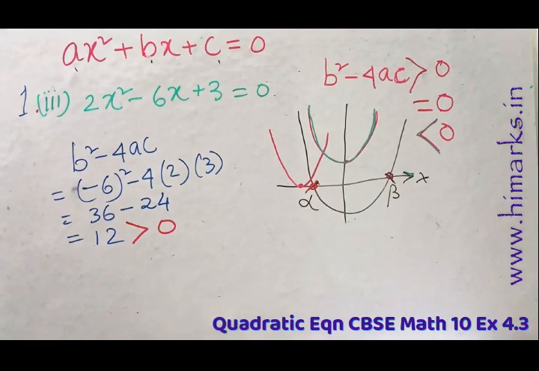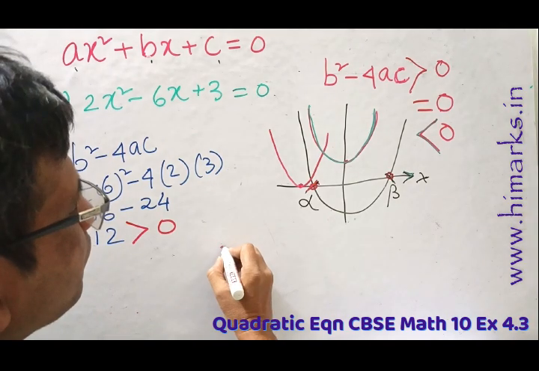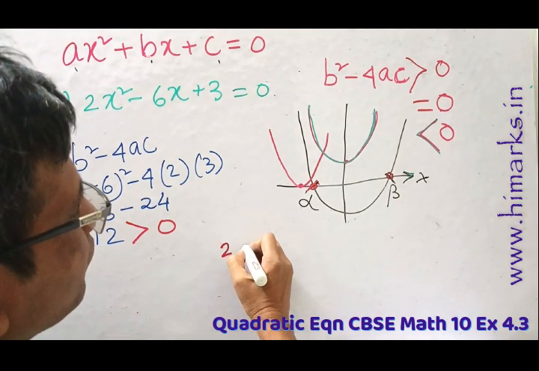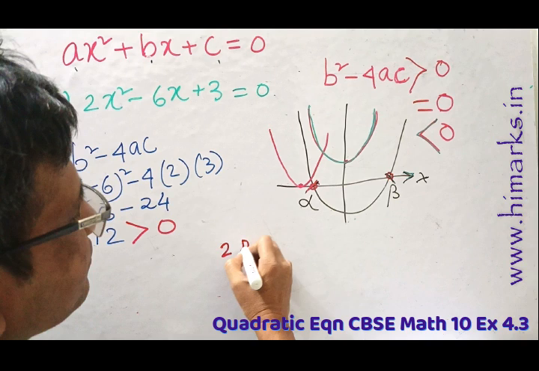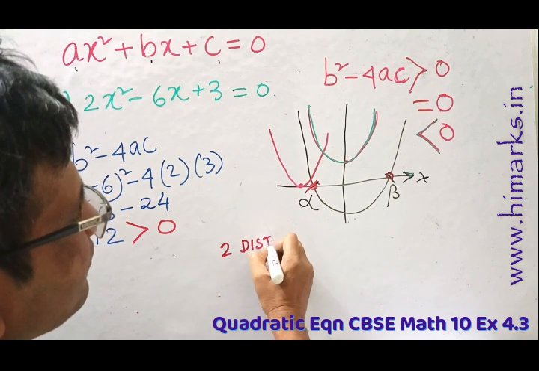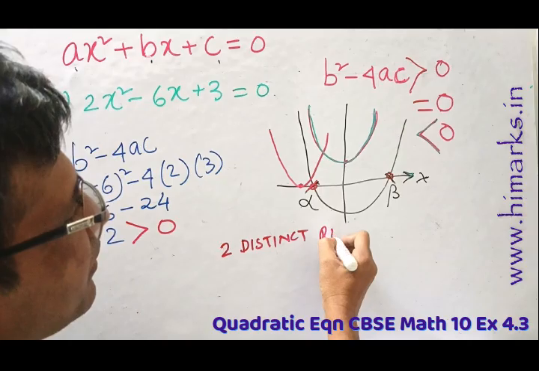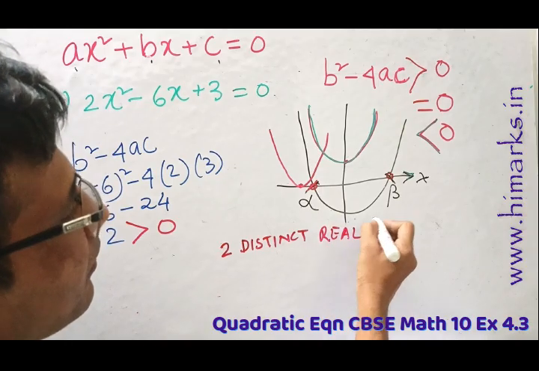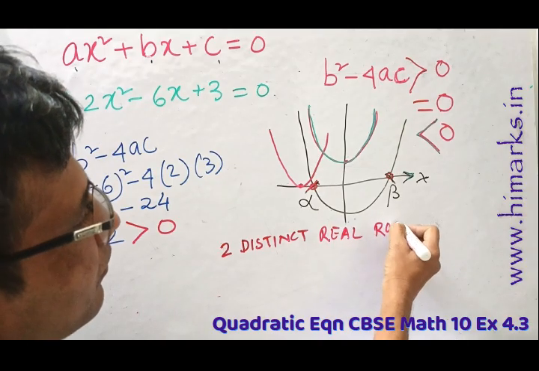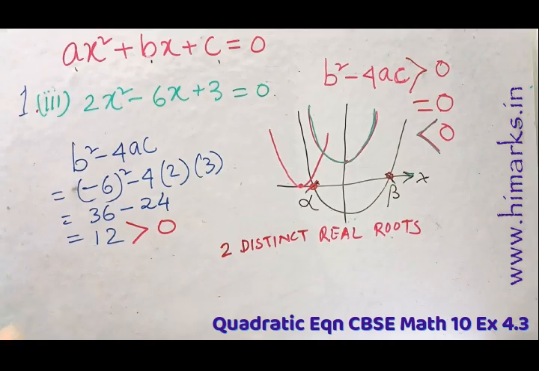So the decision is two distinct real roots. Okay, two distinct real roots.